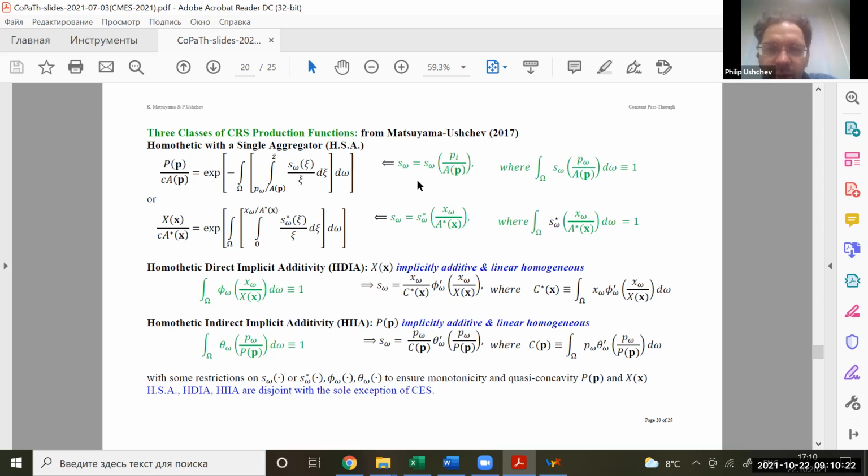The great thing about HSA is that we can fully specify the demand system and integrate back to the production function by just specifying the market share as a function of the normalized price. If you have this market share function, which only depends on one argument, the own price over the price aggregator, you're basically done.